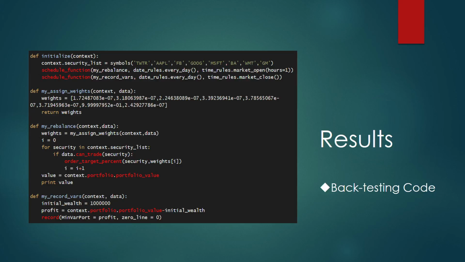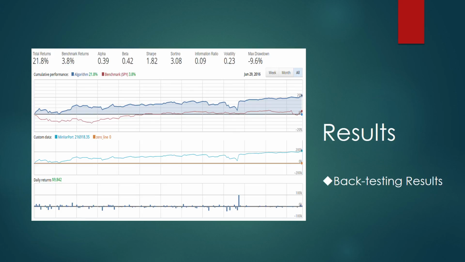We assign the weights and set the function to rebalance the investing portfolio 1 hour after the market opens. At last, we also call another function to record and plot the profit of our portfolio at the end of each day. And the resulting graph we got from the backtesting is shown on this screen.